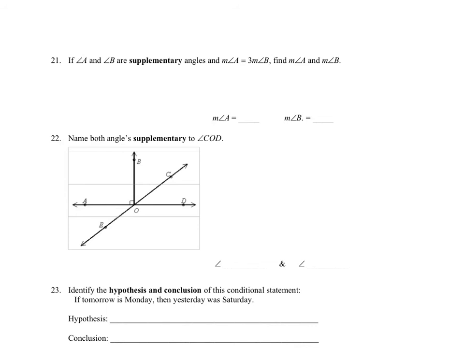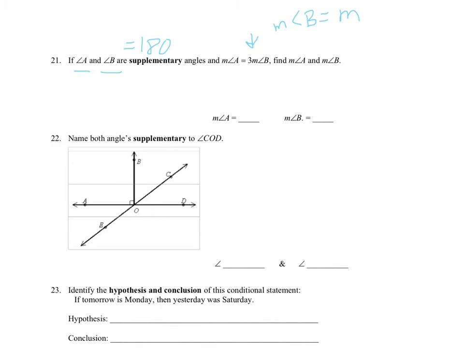Okay, and looking at 21 here, we have angle A and angle B are supplementary. That means they add up to 180 degrees. The measure of angle A is 3m. The measure of angle B, this should read, and I think we corrected this in class, but the measure of angle B should be equal to m.